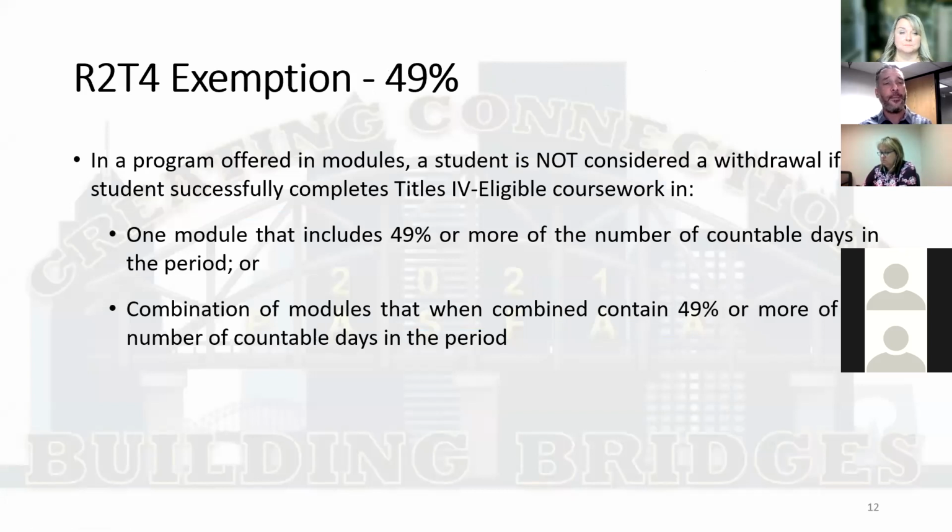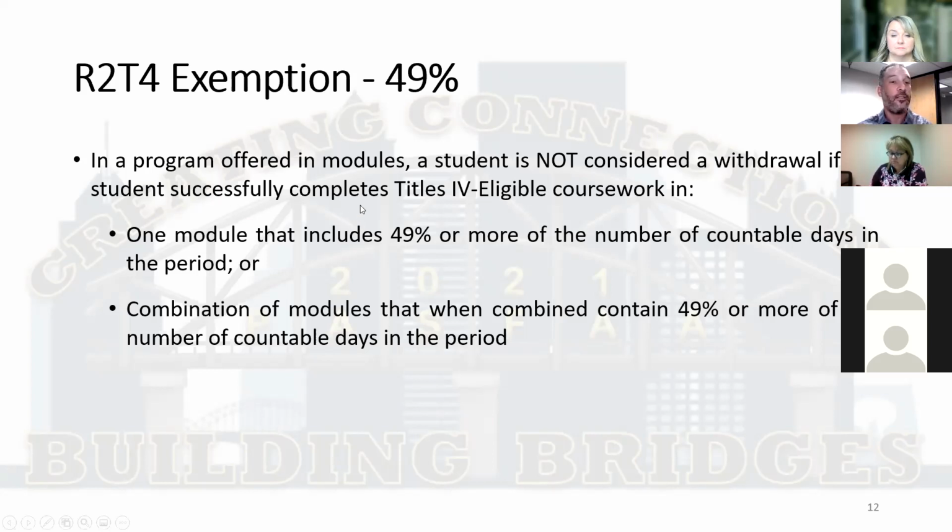So one of the first exemptions is the 49%. Don't get this confused with the 60% on the return of Title IV calculation. In a modular-based program, a student is not considered a withdrawal if they successfully complete the Title IV coursework of one that includes 49% or more of the accountable days, or they combine mods and it's over 49%, when they successfully complete.